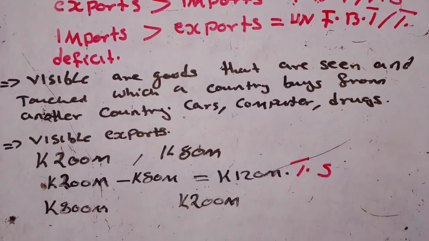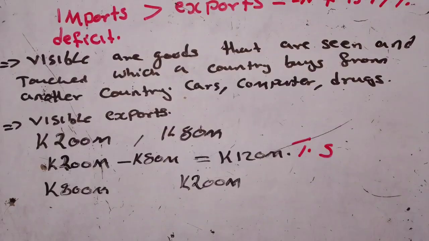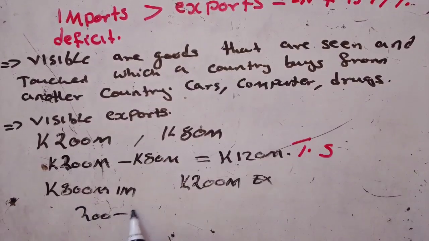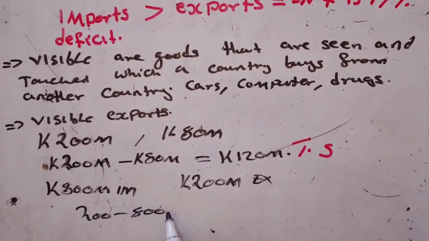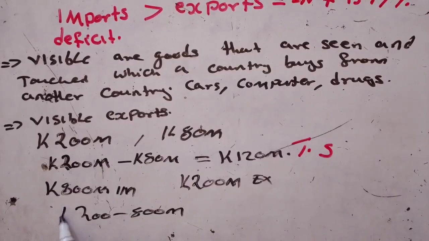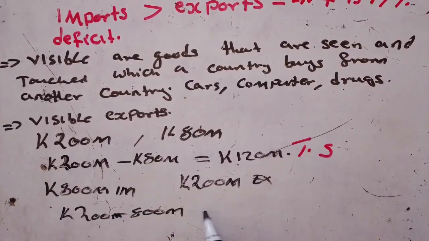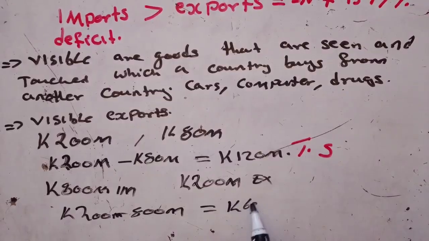Let's see if Zambia will have a trade surplus or favorable balance of trade. We do as usual, exports minus imports. So we are going to have 200 minus 800 million, and this will give us 600 million.